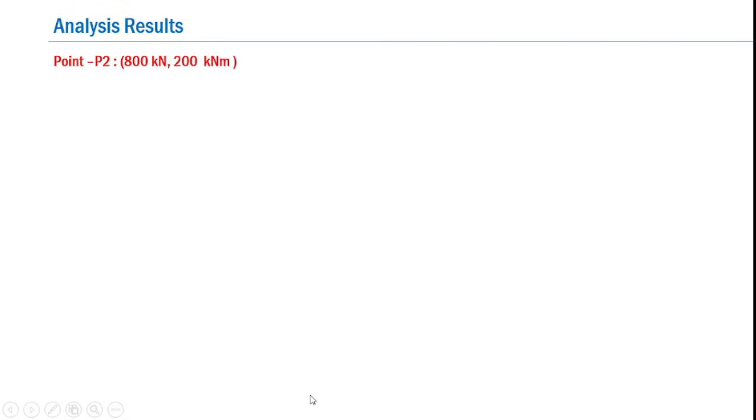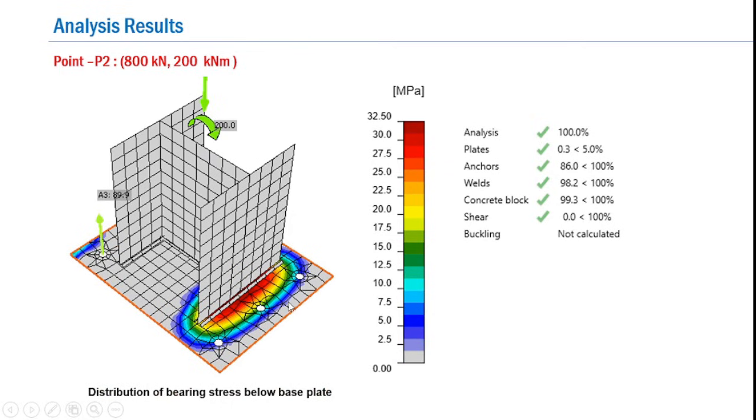Now in a similar way, let me take you to P2, wherein we find that the column base plate is subject to an axial load of 800 kilonewton and a moment of 200 kilonewton meter. So the results are presented over here. Here again, coming to the distribution of the bearing stress below the base plate, it is critical because it has reached almost a peak value of 32.5 MPa, because it's subjected to both axial load as well as moment.